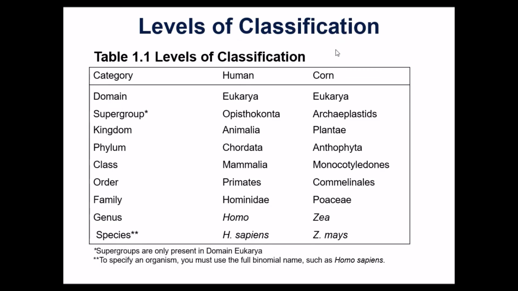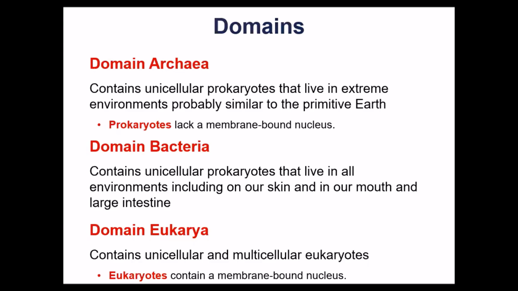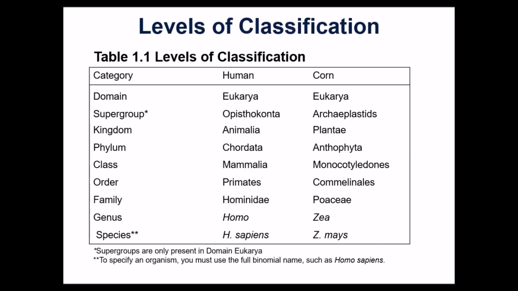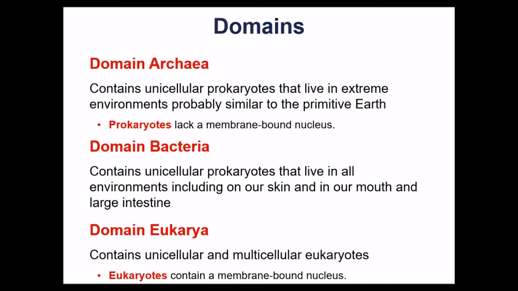And then you've got a plant example here. You can see how that works for the corn group. At the very top of the levels of classification, you have domain, and there are three main domains here, two of which are known as prokaryotic. They lack a membrane-bound nucleus, and they lack membrane-bound organelles.